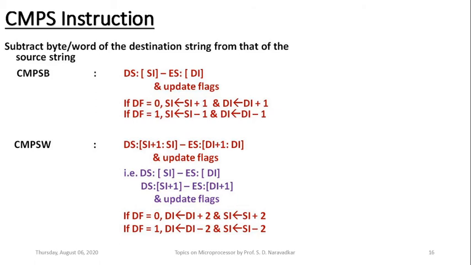This operation will continue till the last character of the already stored password and the last character of the newly entered password match. If in every comparison we get the zero flag set, only in that case is your password treated as correctly entered and you will be allowed to log in.